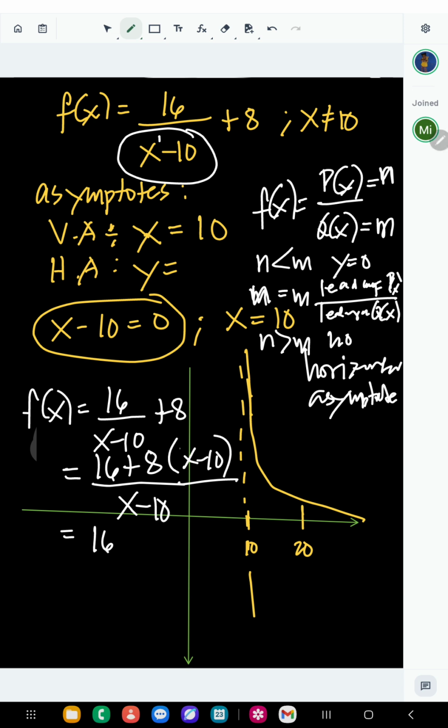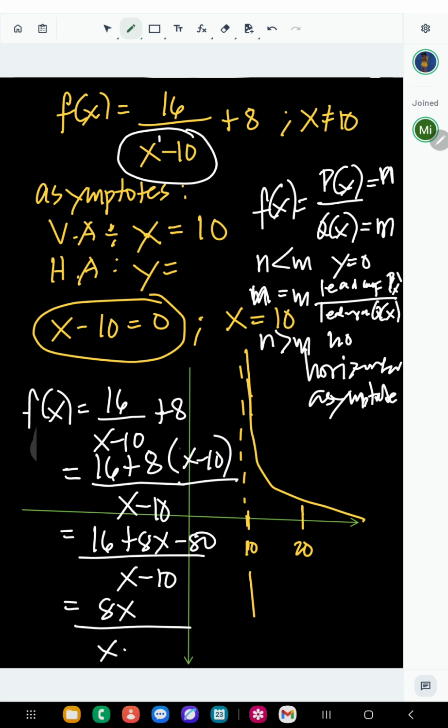So this is 16 plus 8x minus 80 over x minus 10. Then 8x. What is 16 minus 80? Negative 74.